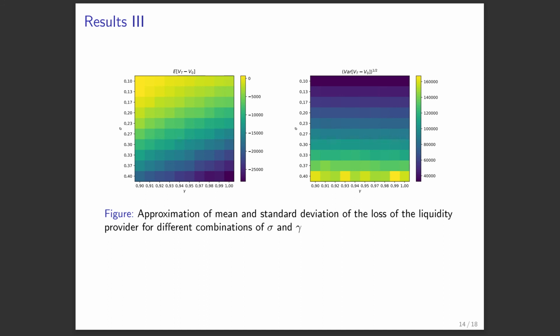And then on the right hand side, we just have the variance, to see whether this average value is representative or not. And you see, especially in the region that you care about, that there is large variance, but on average, the pool liquidity provider suffers from this impermanent loss.